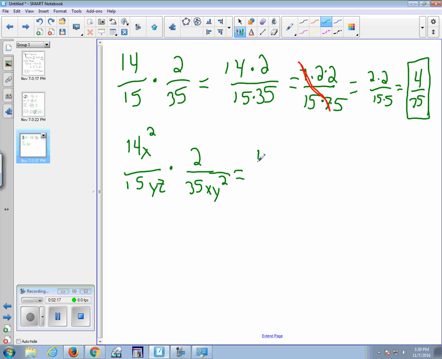Let's see what you get here. So 14 x squared and 2, 15 yz and 35 xy squared. See what you can cancel there. I'll give you a minute.